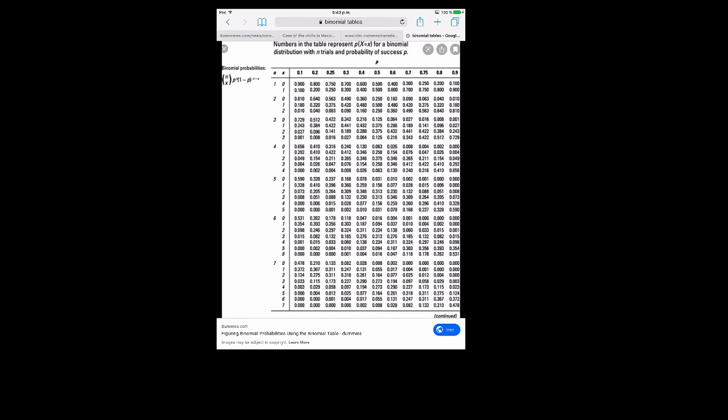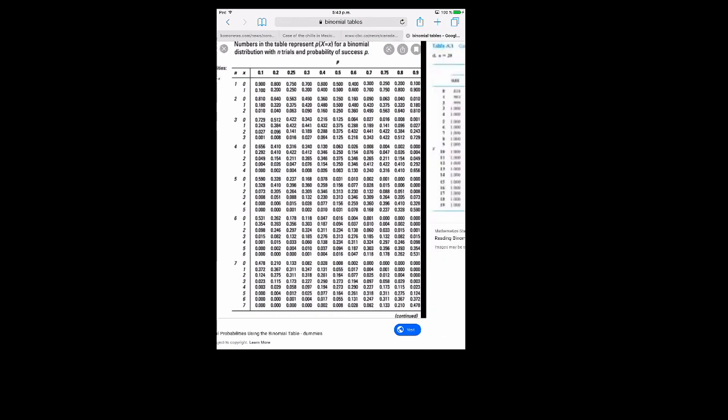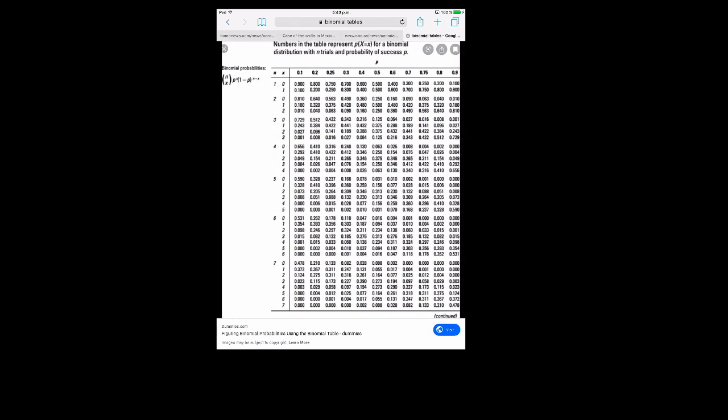So for different P's, you get one column.